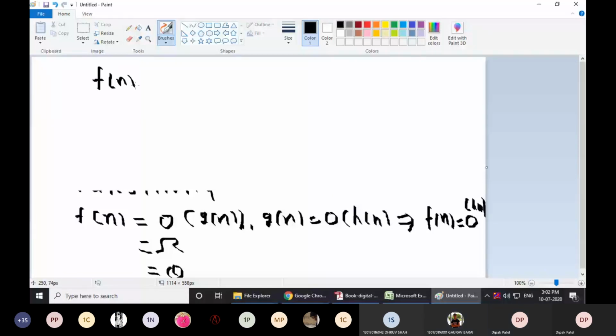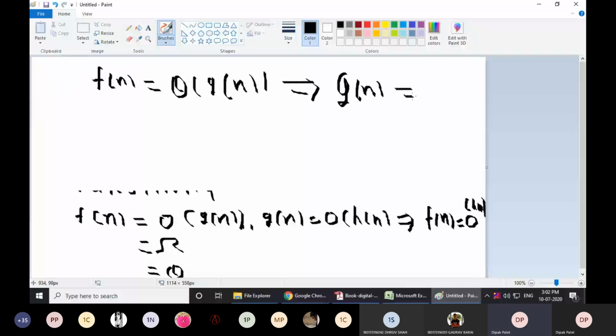Fn is theta of Gn. Then we can say that Gn is theta of Fn, right? Because equal to is symmetric. You are saying that A is equal to B, so we can always say that B is equal to A. So equal to is symmetric, right?